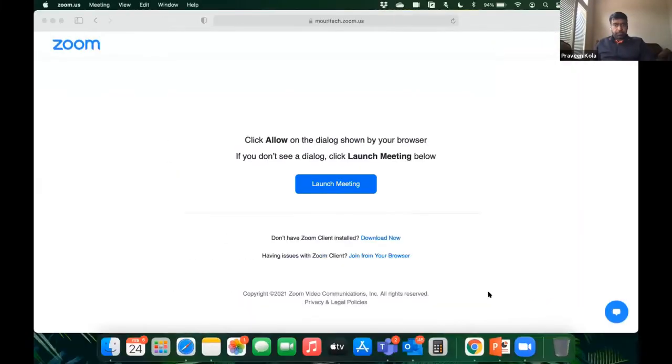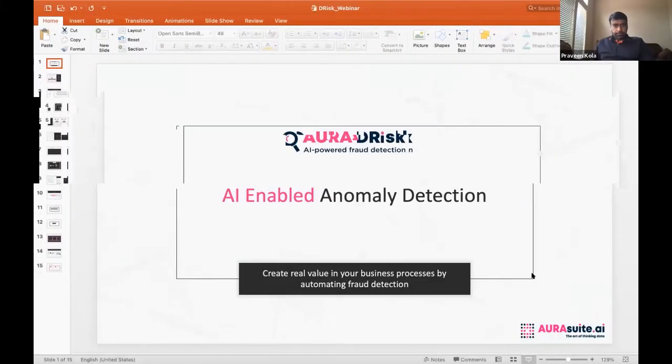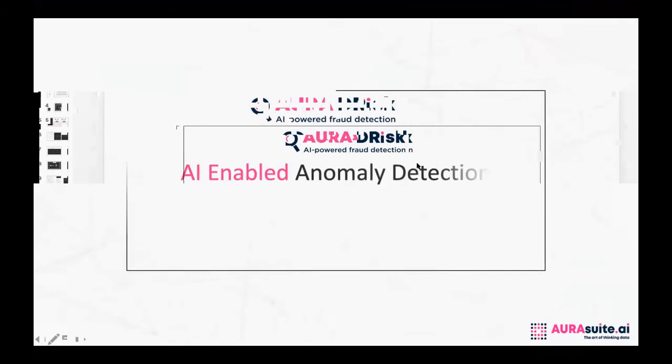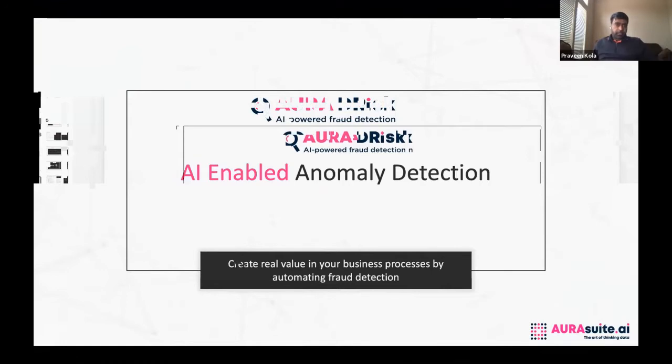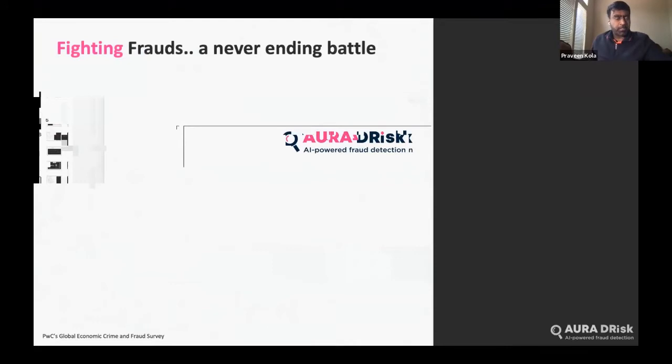Today, we are going to talk about anomaly detection and how the industry is being bombarded with various frauds and anomalies, irrespective of the transactions, irrespective of the domain. We are going to go a little bit deeper into this presentation.